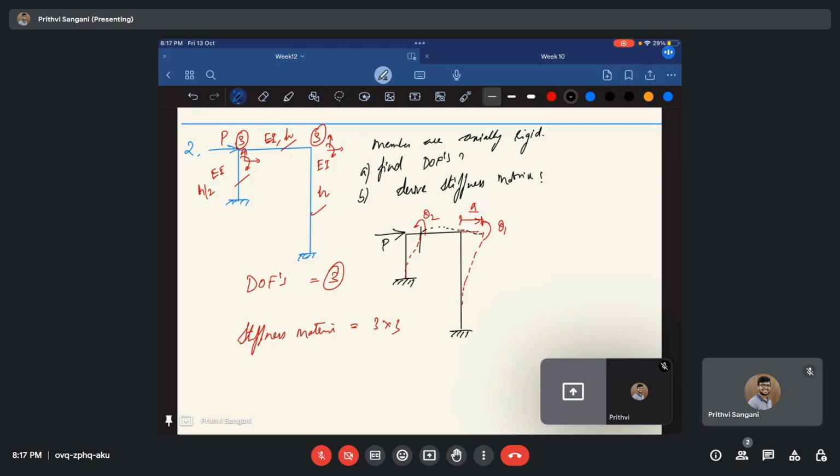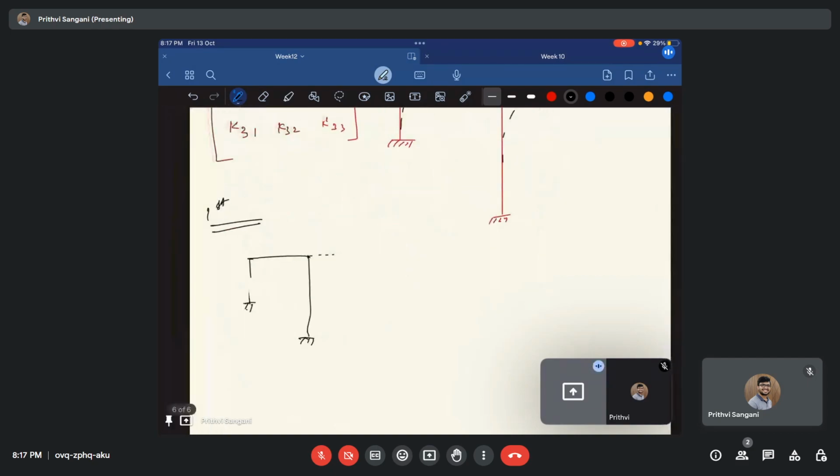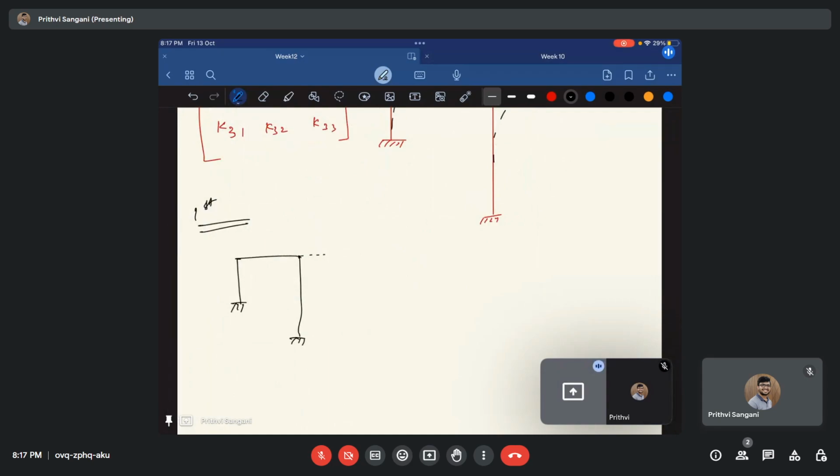I'll be applying unit displacement delta equal to 1, and restraining all the other degrees of freedom. So even this is restrained.